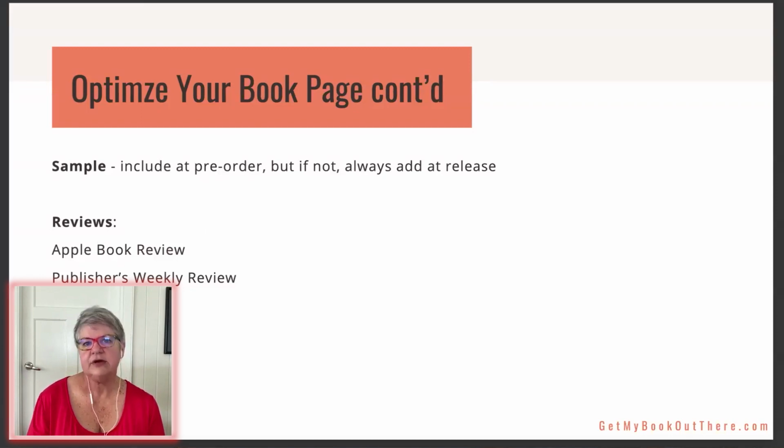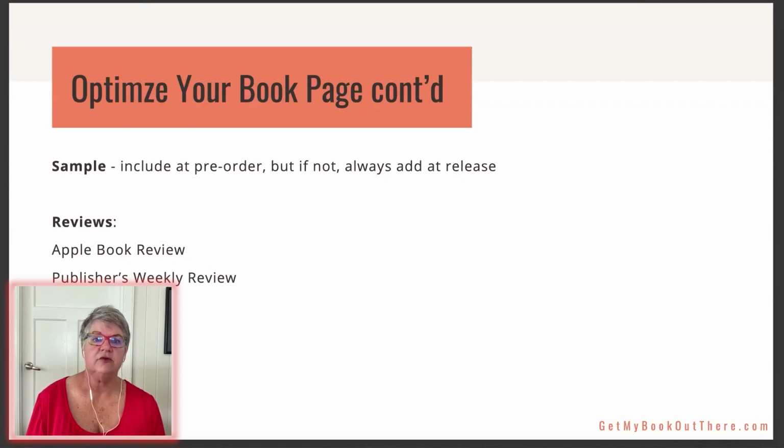Now, 2 things that we know about reviews from credible sources. There is a place in the book page where Apple, and only Apple can do this, will insert reviews from credible sources. Two that they mention in the content are Apple Book Review itself and Publishers Weekly Review. As a self-published author, you can apply to Publishers Weekly Review.